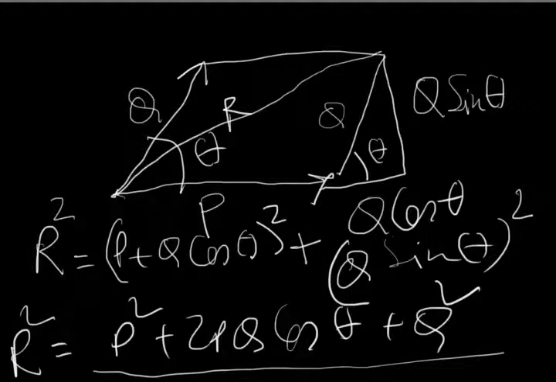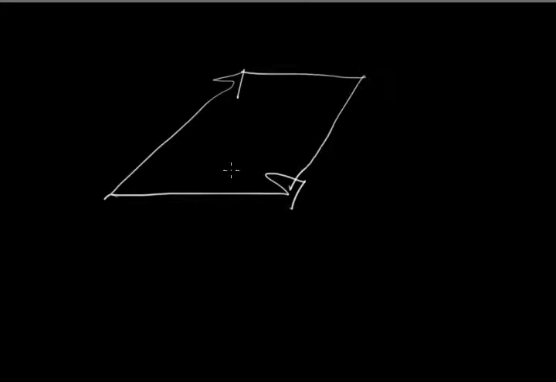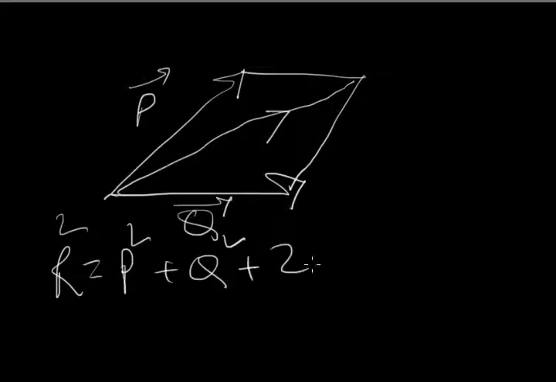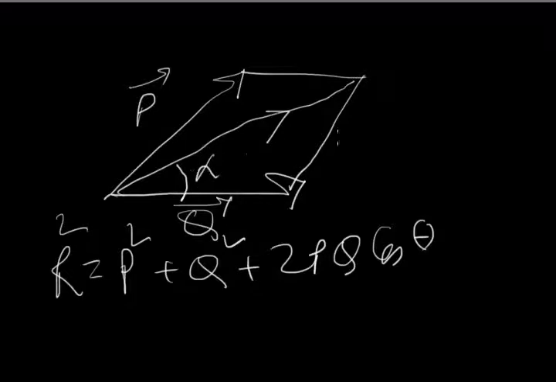Before getting to the end of this parallelogram law, we need to check once again what happens when these two arms get alternated. If these two arms get alternated, this is P, this is Q, then nothing happens here. So R is again P square plus Q square plus 2PQ cos theta. But what is very important is how you find the direction of the resultant in this case.